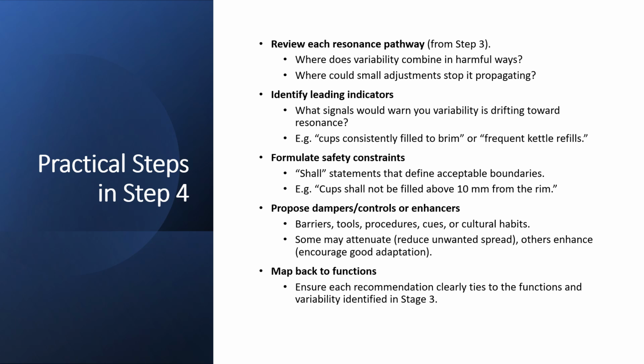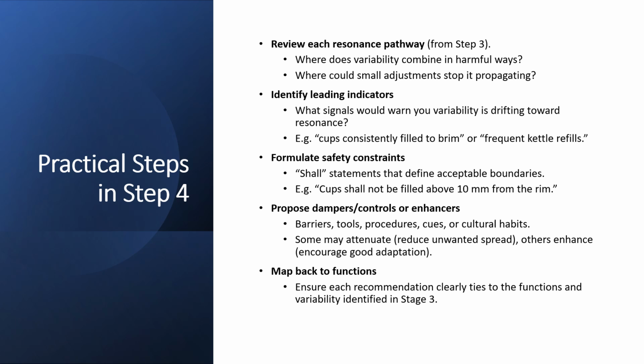Implementing stage 4 will require you to review each resonance pathway that you've identified in stage 3. Where does the variability combine in a harmful way? Where could small adjustments stop it from propagating? Identify leading indicators. What signals would warn you that the variability is drifting towards resonance?